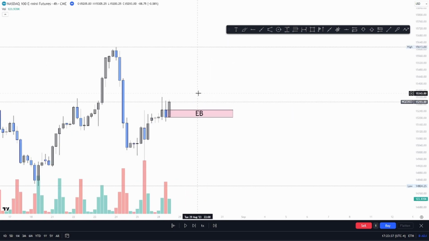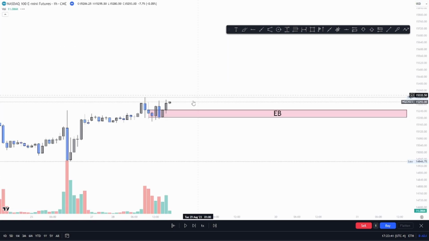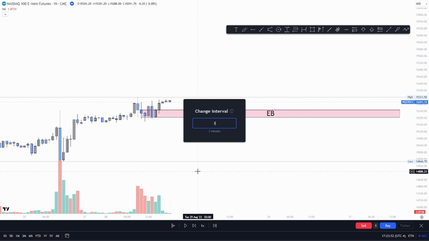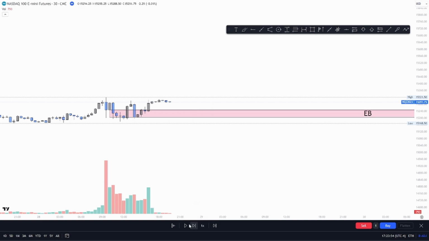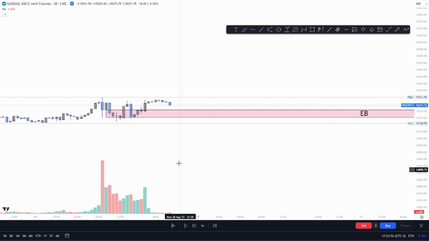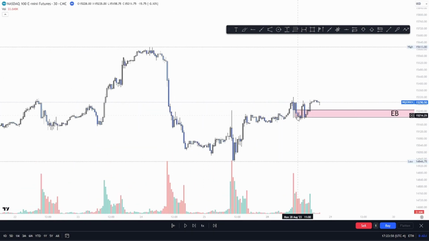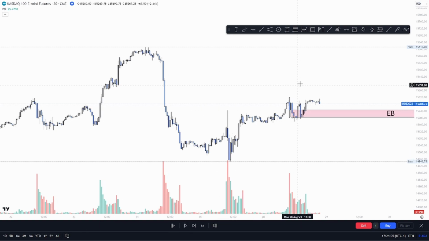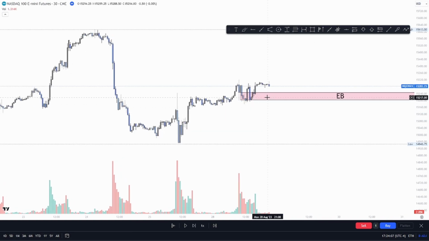So if we come here on a 4-hour, I would want to go down to the 1-hour. We'd say, okay, cool, let's play this out. I'd want an entry. I can even go down to 30-minute. And how to know when an equilibrium block will get tested: if you're watching price action, you will start to see that the market will literally start to curl back down towards the equilibrium block.